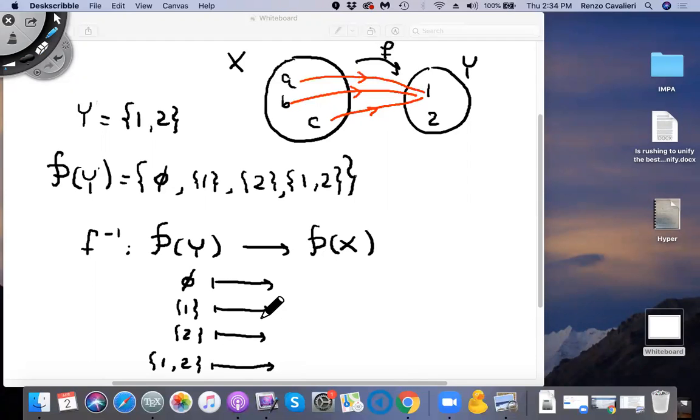And the outputs are the empty set, all of X, the empty set, all of X.